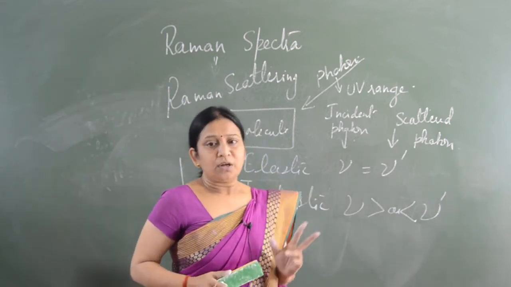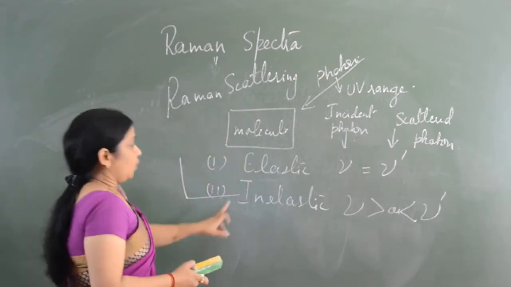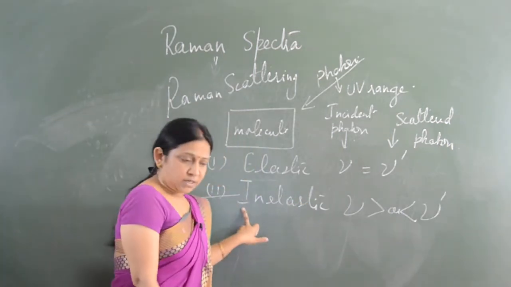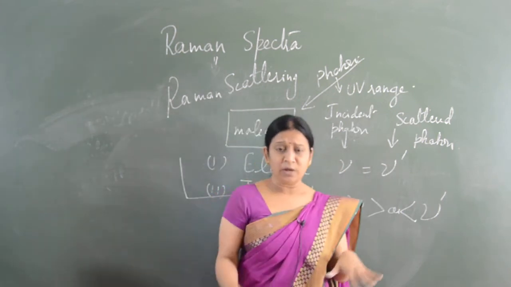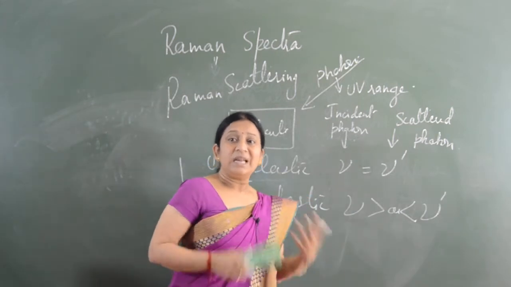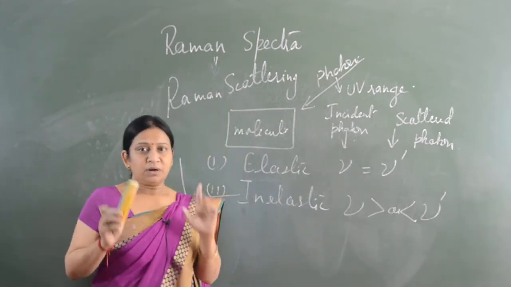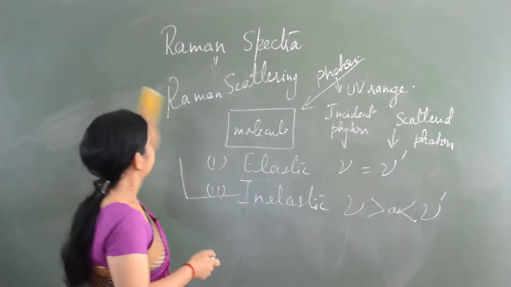Again, we can talk in terms of photon or radiation. When the frequencies of incident and scattered photon are different, that condition is known as Raman scattering.